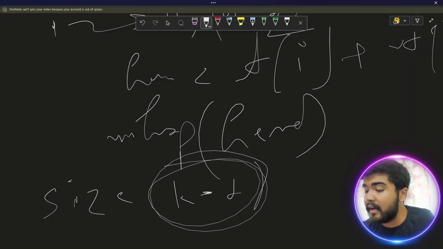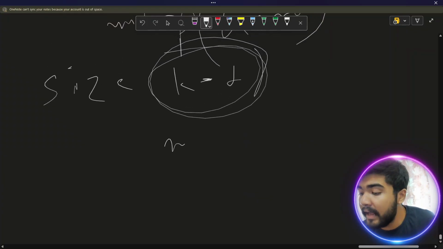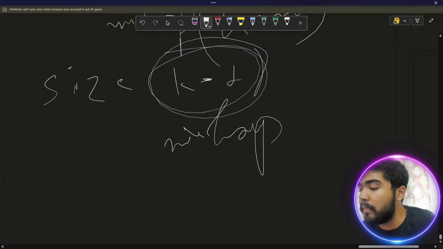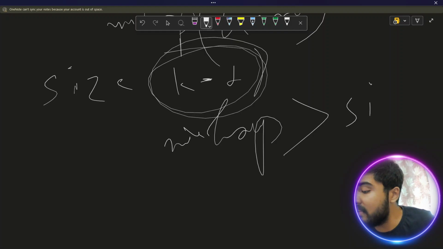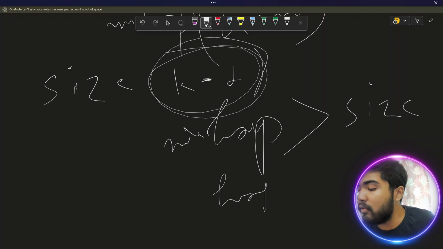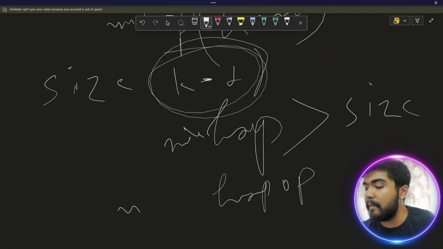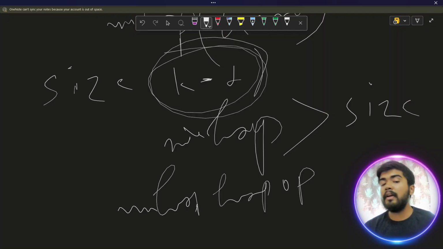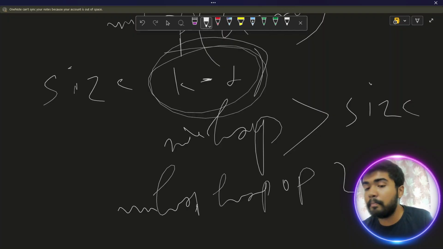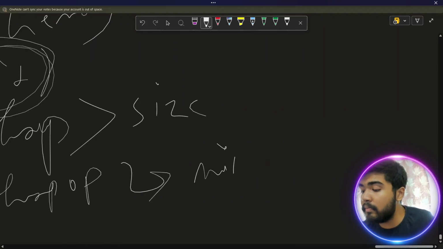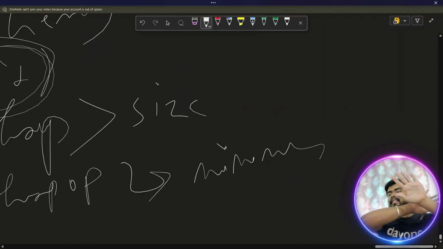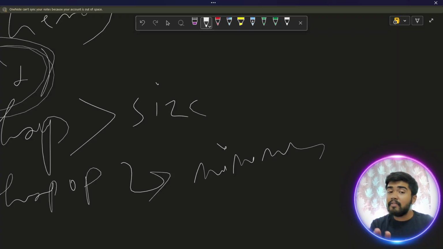So if at any particular time my min heap size is more than k-1, I will pop from my min heap. What element is it going to pop? It is going to pop out the minimum one. You should be aware of this algorithm, but I am giving you the gist to build the intuition for why a min heap can store the maximum k consecutive sums.